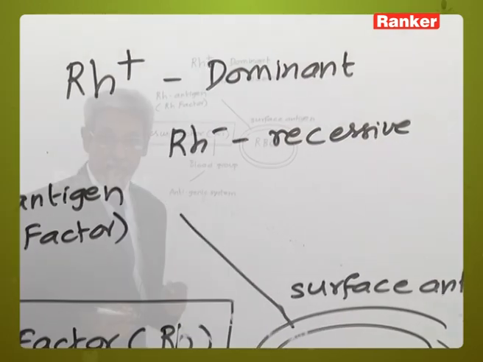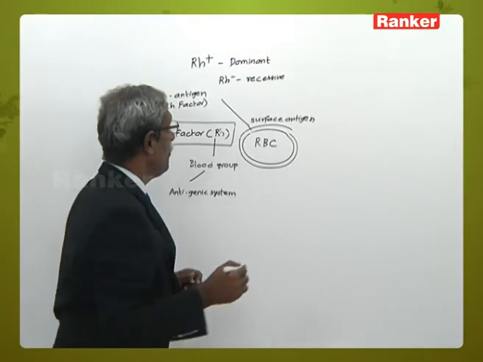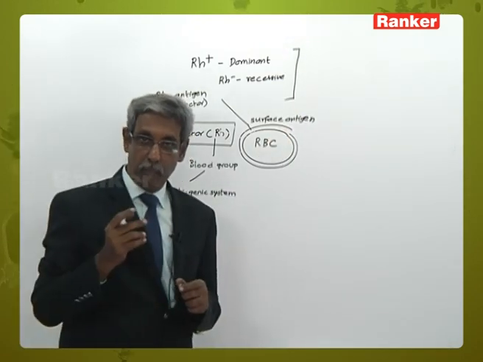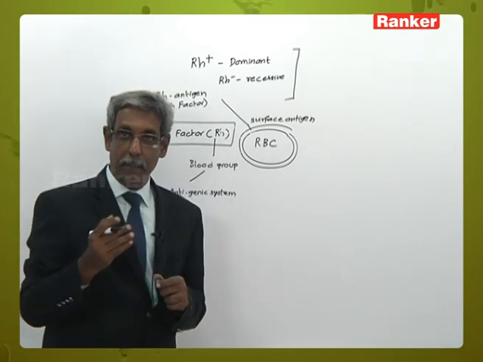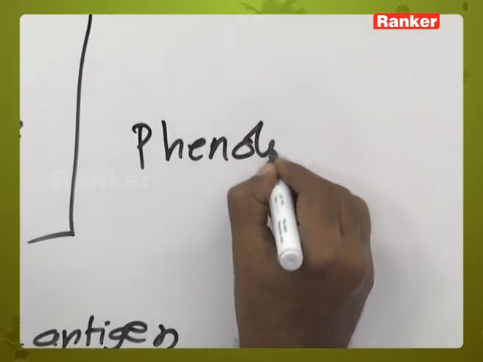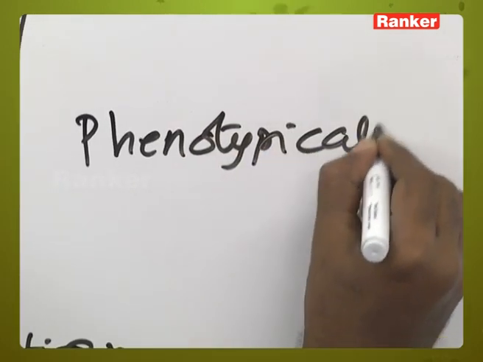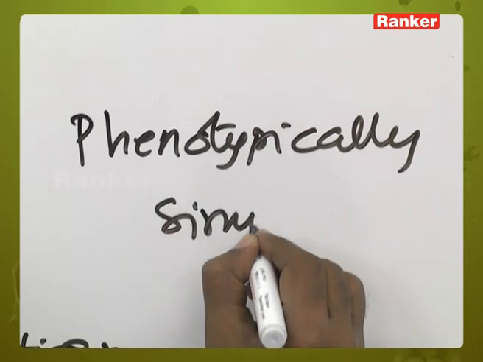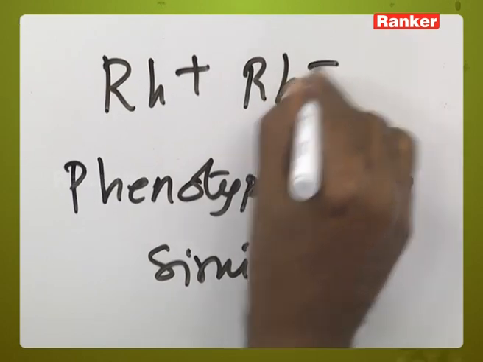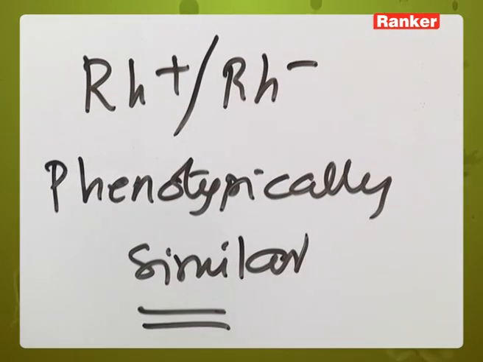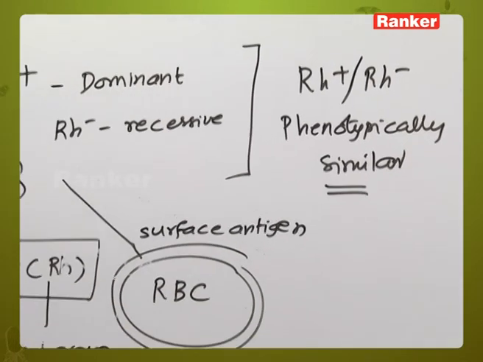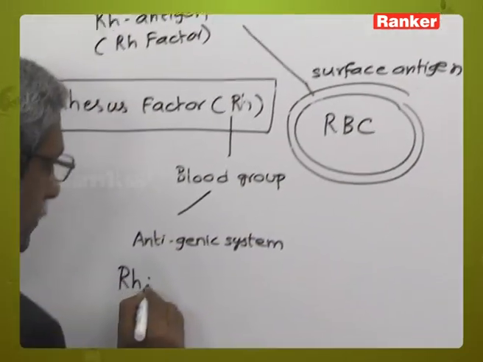It is a recessive gene, and in any individual, a man or a woman, due to the presence of an RH positive or negative, phenotypically they are just similar. So phenotypically there is no variation. Individuals with RH positive or RH negative are phenotypically similar.